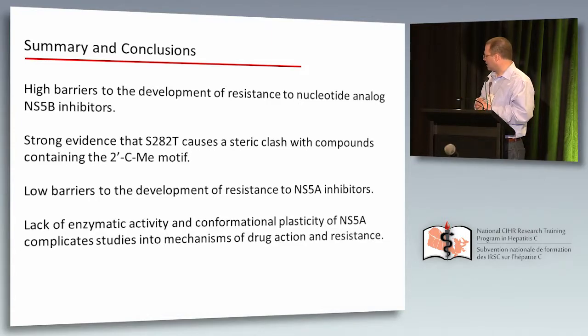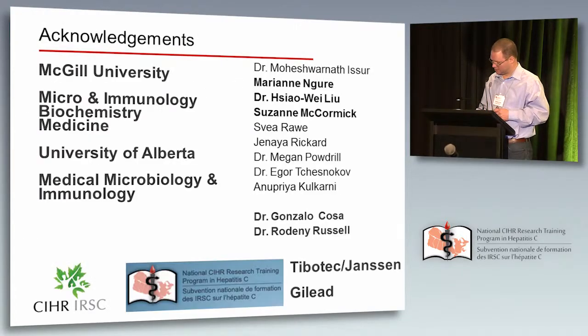These mutations may also occur at positions that are not important, and that may help to explain why they linger around for longer periods of time. I really think that we need to get a better understanding of the conformational dynamics and plasticity of that protein, and that really complicates current studies of mechanisms of action and resistance.